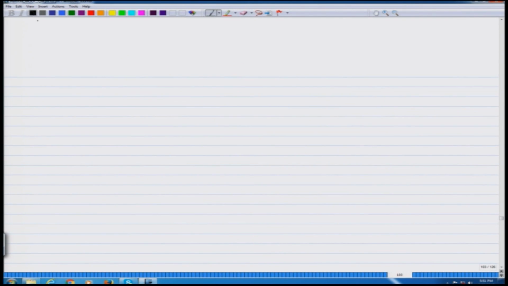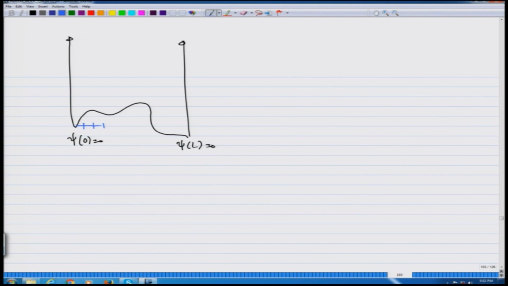So, what you do is, with some potential in between, you have psi L equal to 0, psi 0 equals 0. So, you start, you again divide this whole thing into small intervals.